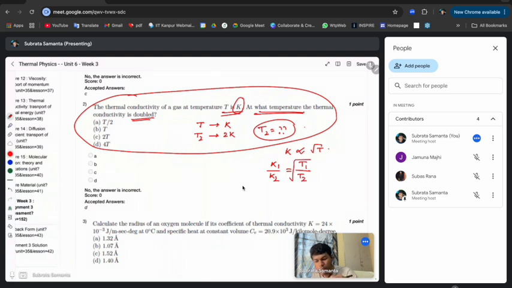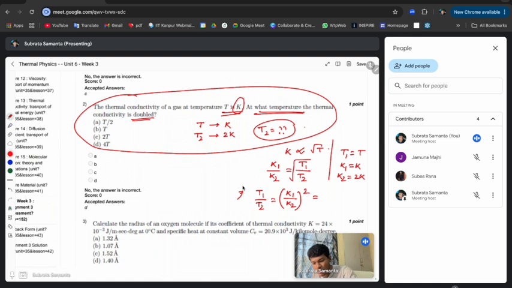Therefore T1 over T2 is K1 over K2 squared. Now K1 is K, K2 is 2K, and T1 is T.